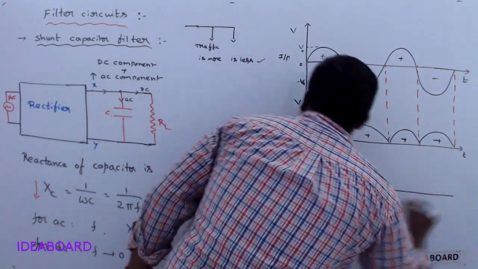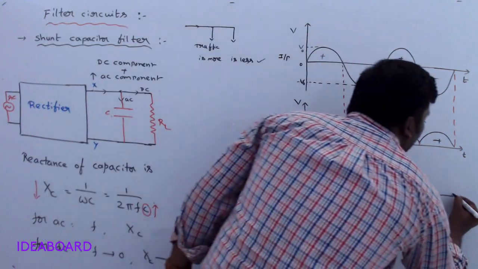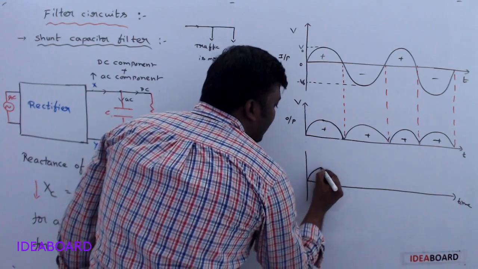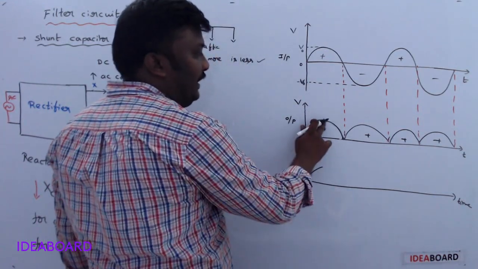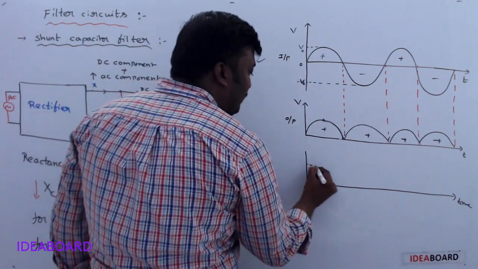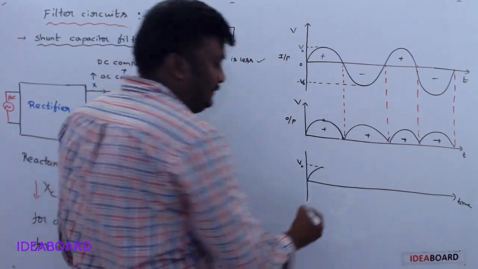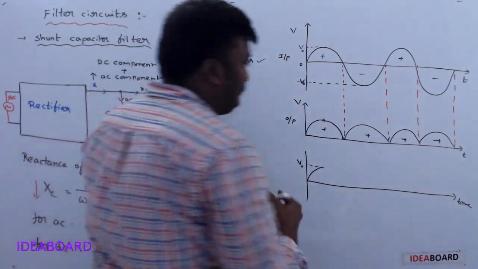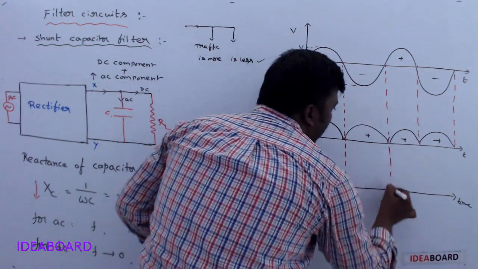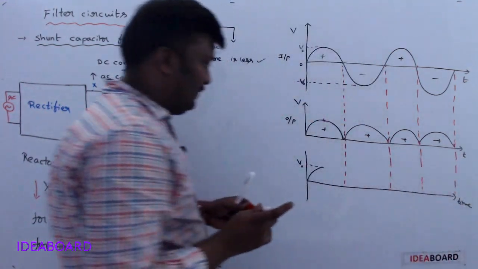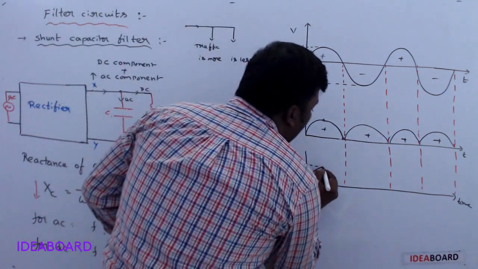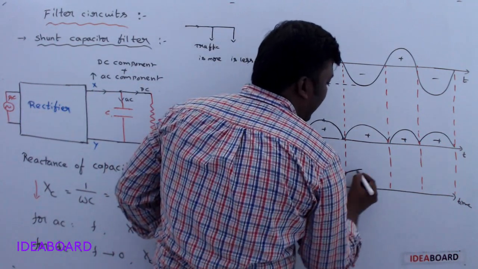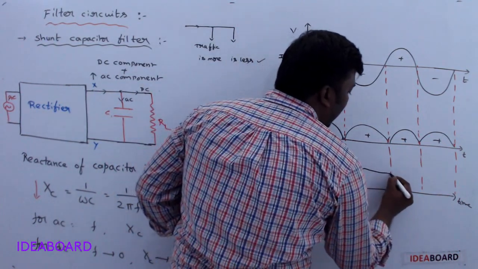The output from the present circuit is like this. Up to this point the capacitor is charging until it reaches the peak value V0. Up to V0 the capacitor is completely charged. After that, see properly, the capacitor follows this path, again reaches the same value, and again comes like this.